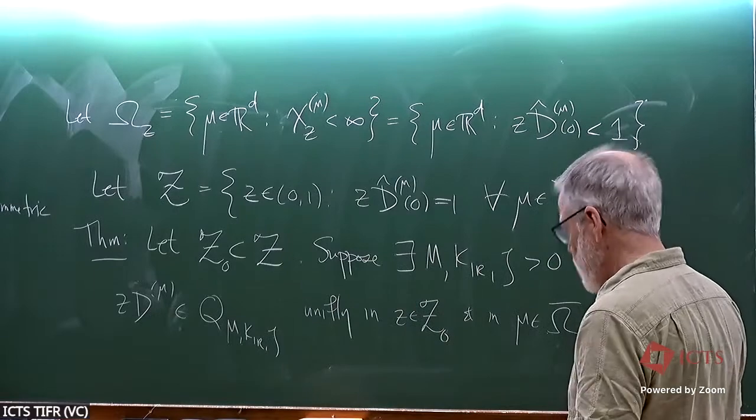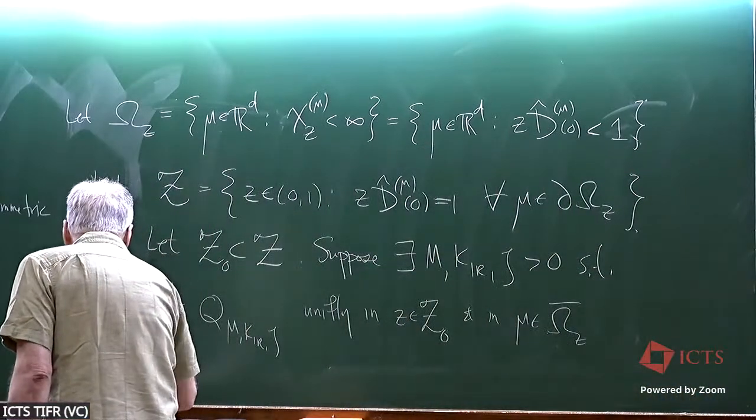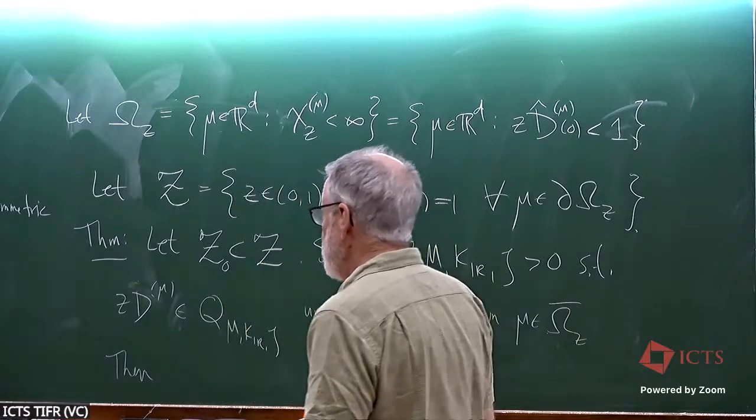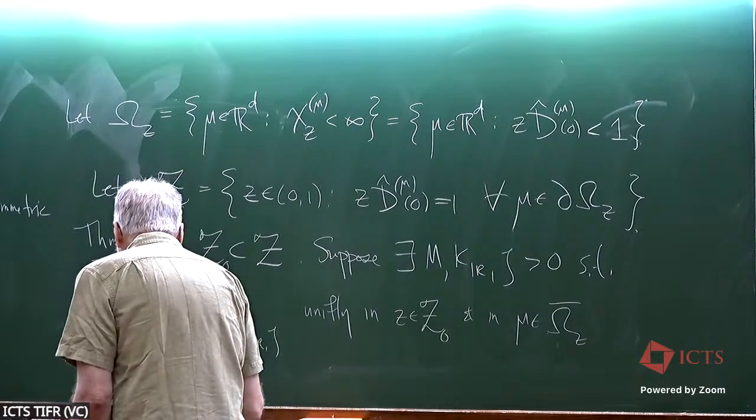So let's suppose that holds. Then we're in the situation where we have the crossover theorem. So I claim that assumptions 1 and 2 are valid. I need to verify that for you.